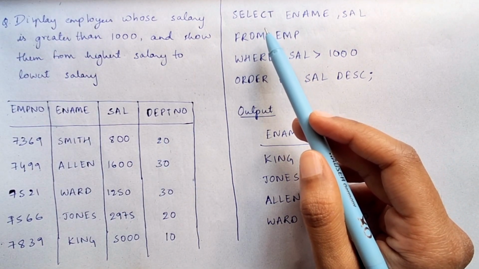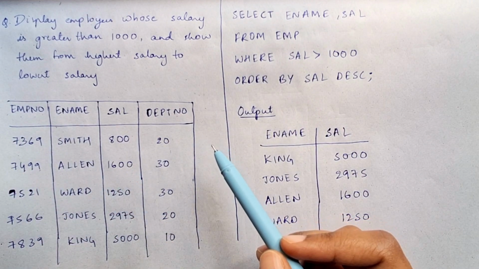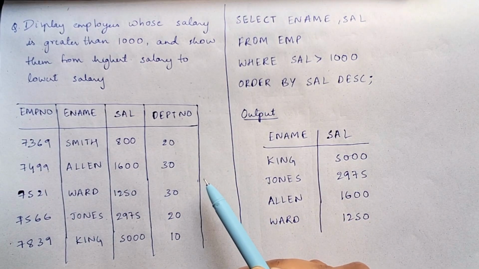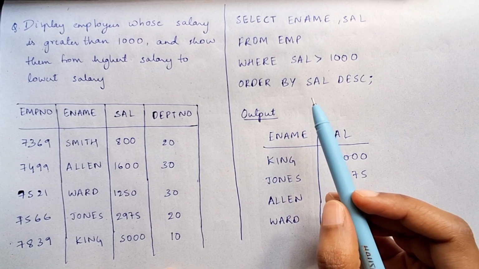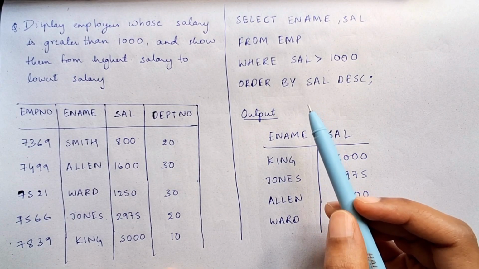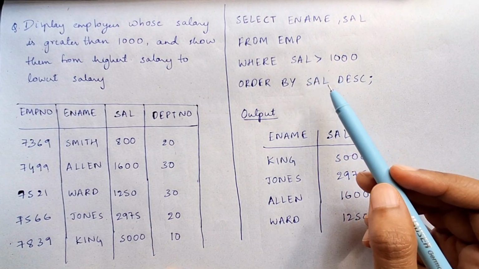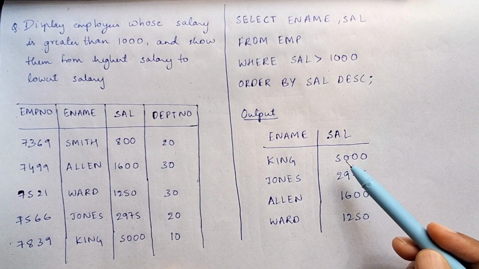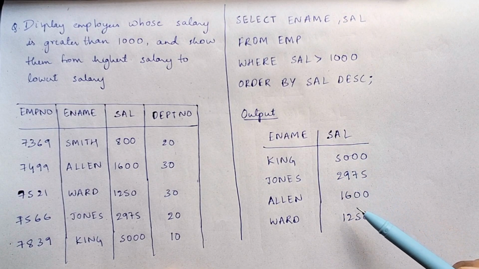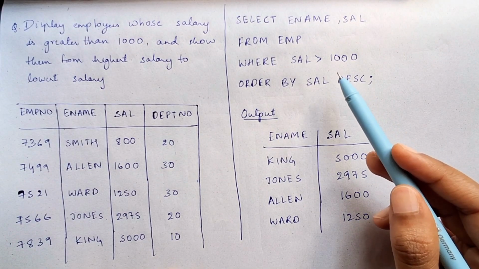In this, SQL selects ename and sal columns from the filtered result. Finally, the order by clause is executed, where SQL sorts the remaining rows by salary in descending order. And after executing this query, we will get output where the highest salary appears first and the lowest salary appears at last, but only among employees whose salary is greater than 1000.